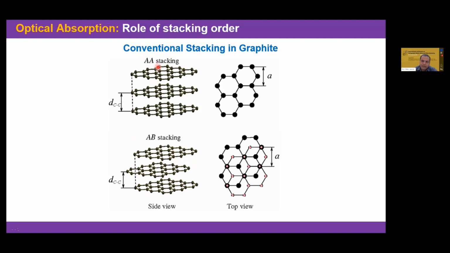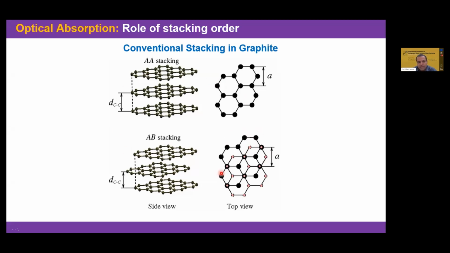In AA stacking, every atom is exactly on top of the lower atom of the lower layer. And in AB stacking, which is the most common type, the atoms of one layer are translated with respect to the bottom layer, such that only half the atoms, the A atoms, are on top of the B atoms. The remaining half are sitting on top of the void inside the honeycomb.